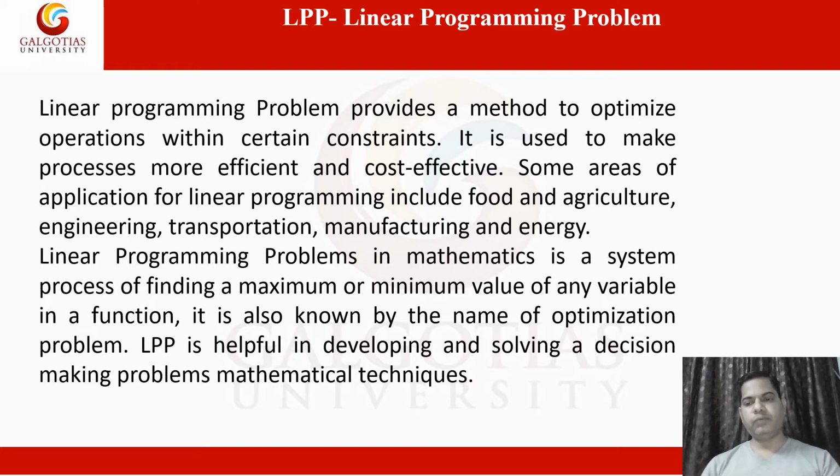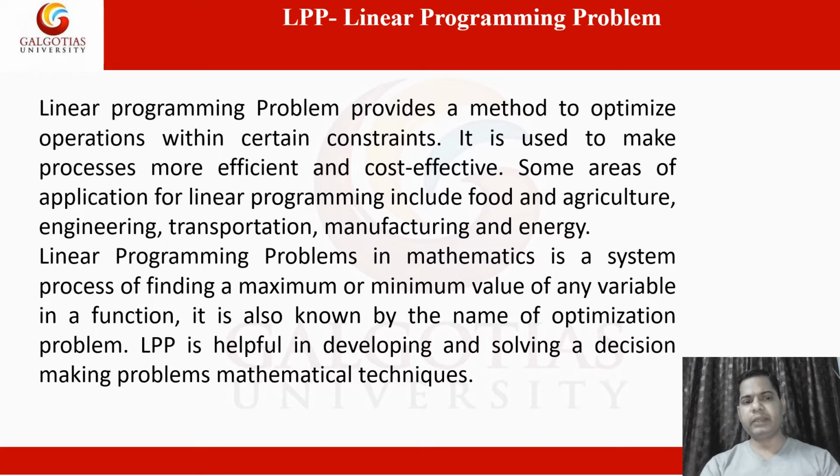That means we have to optimize the thing. And there we have the different type of constraints that we have to see. It is used to make the processes more efficient and cost effective. As we discussed in the last class, whatever we are doing, that should be the optimization technique. And when we are doing the optimization, it means to make the decision better.